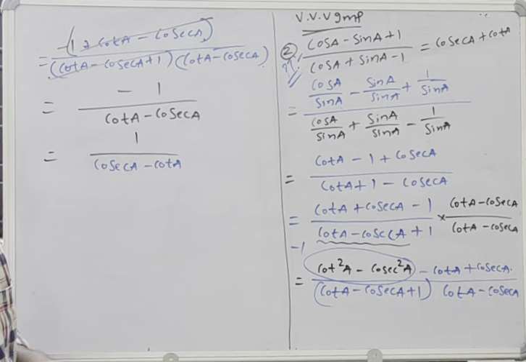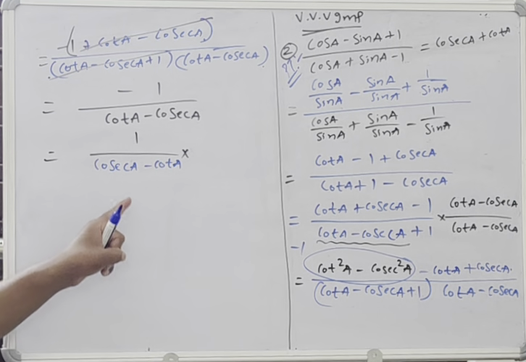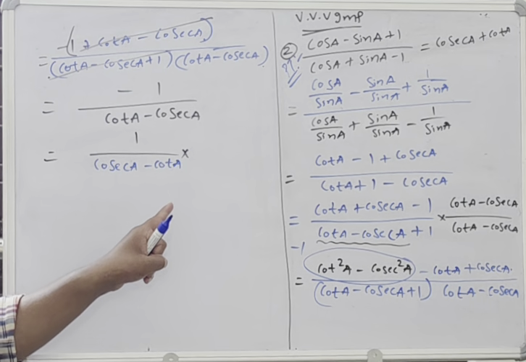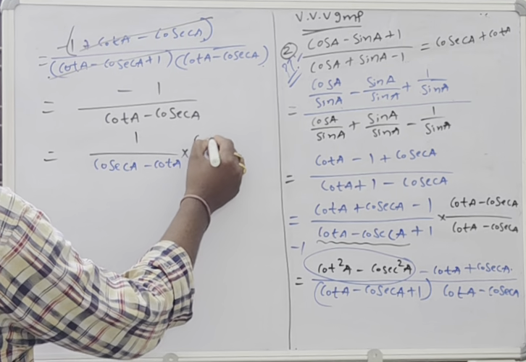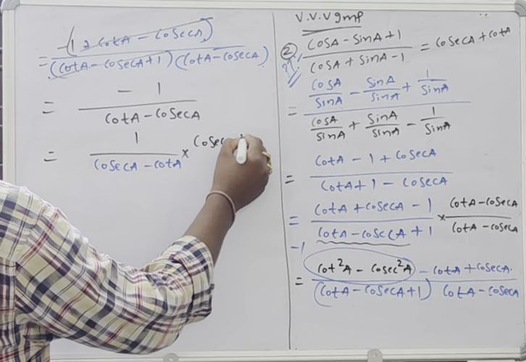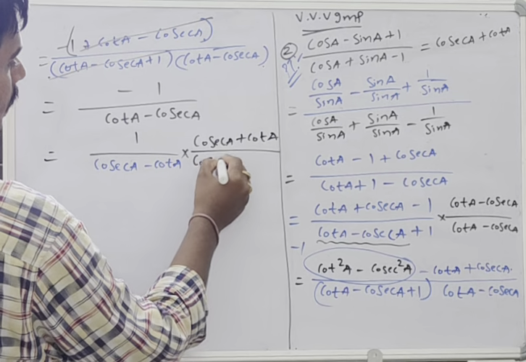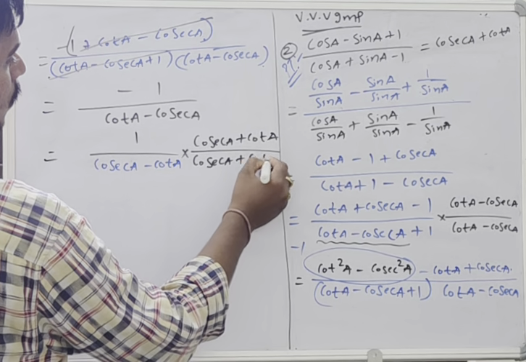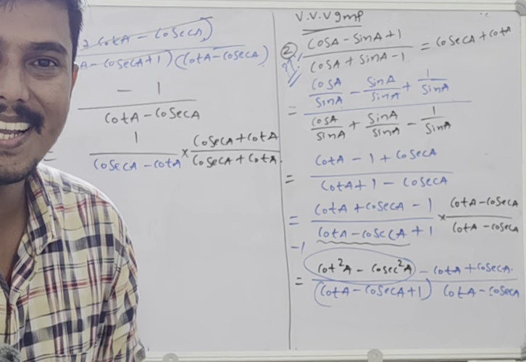Now I want that. How will I get that? Rationalize the denominator. What is rationalizing? The denominator is cosecant A minus cot A, so rationalizing means cosecant A plus cot A. Write it: cosecant A plus cot A by cosecant A plus cot A. Now it's very easy here.